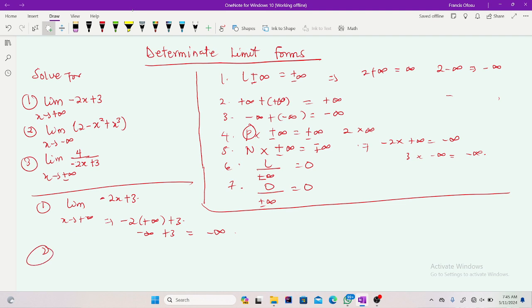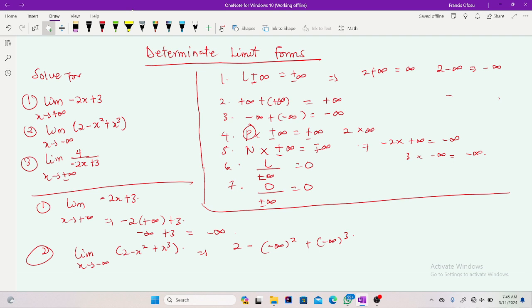Let's see the second one. I have the limit as s approaches negative infinity of 2 minus s squared plus s cubed. So I get 2 minus open bracket negative infinity all squared, plus negative infinity all cubed. This is an interesting problem.